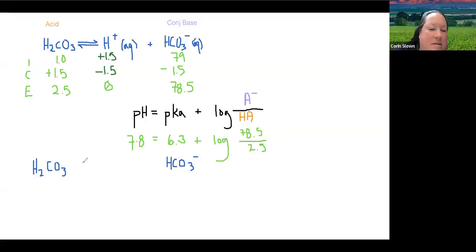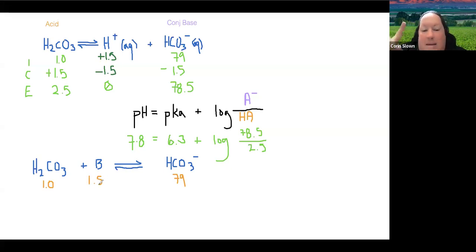So if I add base, I want to know what's going to happen here. So we're going to use the same thing that we did before, except now we're going to do a different color. All right, so we had 1 of our carbonic acid, we had 79 of our bicarbonate, and let's say we add 1.5 of our base.